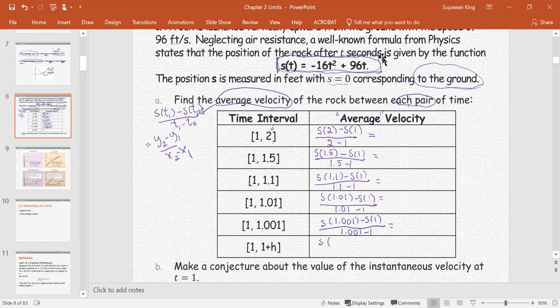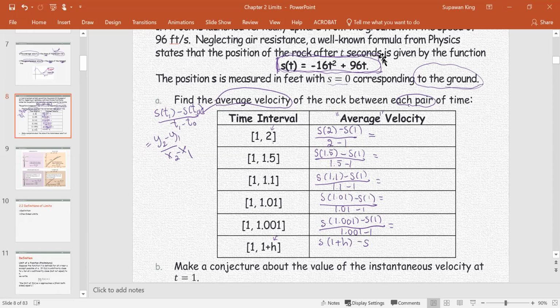The last one is different from the first 5 pairs because the second point in time is not an actual number, it is an expression like 1 plus h. The h is a notation to represent the difference between the first point and the second point in time. So we just keep going with the same notation provided.